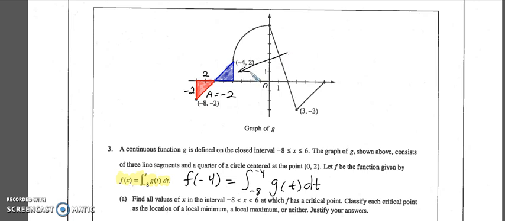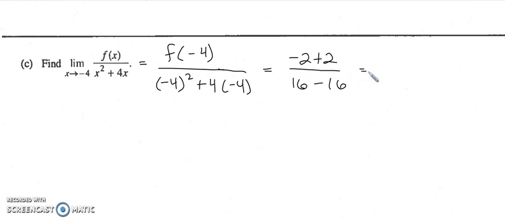And this triangle we can easily calculate. It's just positive 2 times 2 over 2, and we get an area of 2. So negative 2 plus 2 is 0. So we get 0 over 0.